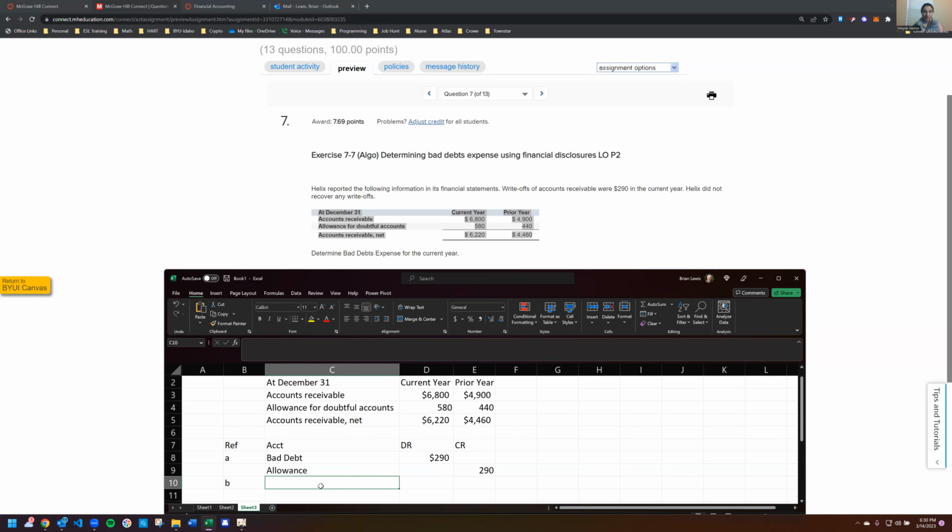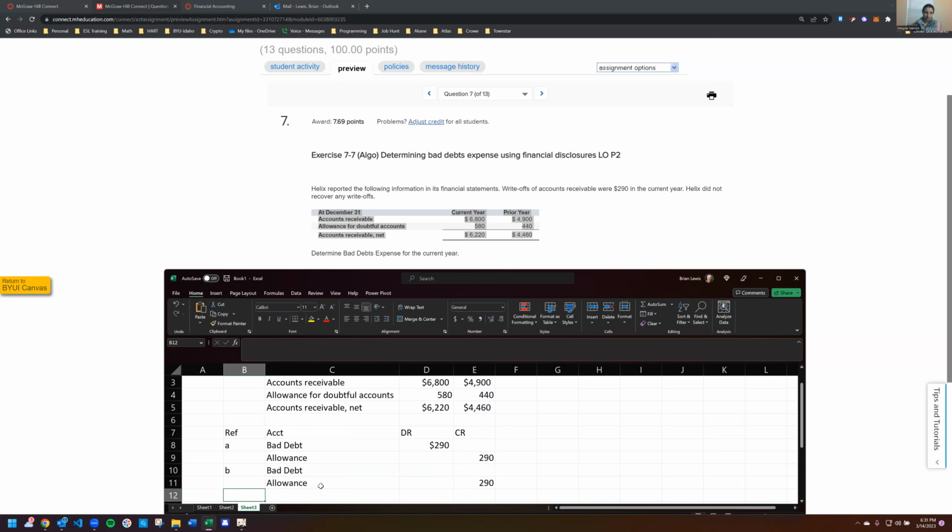They wrote it off though, but they didn't. I'm trying to think through this a little bit because this does not make a lot of sense to me. I'm trying to make sense of it, so forgive me. So if we take the difference between the 580 minus the 290, that gives us another 290. That's not the answer though, is it?